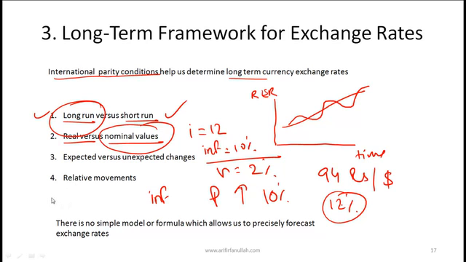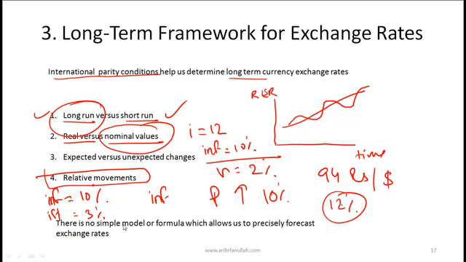So simply knowing that inflation in Pakistan is 10% does not help us determine what will happen with the rupee dollar exchange rate. But if we also know that inflation in the US is equal to, say, 3%, then it is the relative movement of price levels, or the difference between these numbers, that helps us determine what will happen to exchange rates. So the key point here is that relative movements are what matter much more.